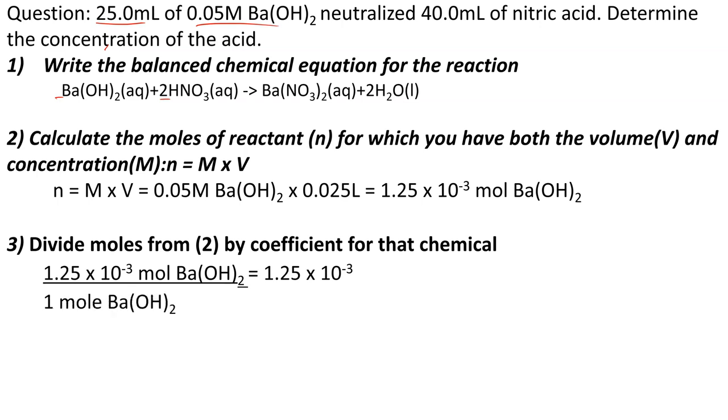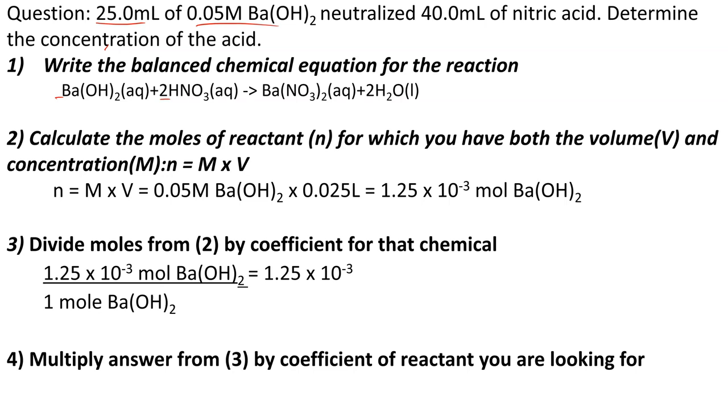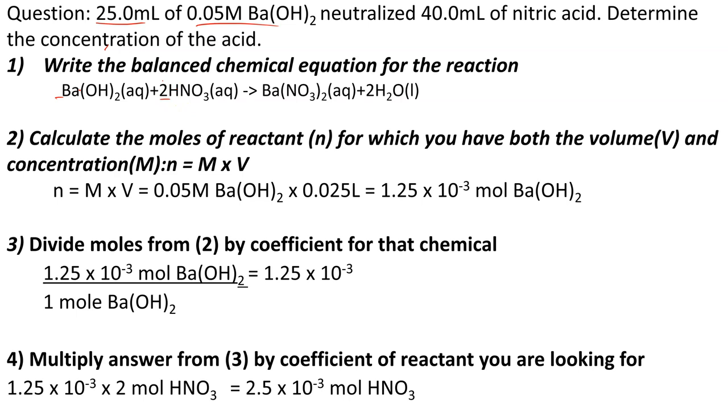You get just a number. And then step 4, multiply whatever you got in step 3 by the coefficient of what you're looking for. I'm looking for HNO3, right? You're always going between one chemical and another. So here you multiply by 2, and you get 2.5 times 10 to the negative 3 moles of HNO3. So now you have moles of HNO3. The difference here was there wasn't a 1-to-1 ratio, so it was a little bit more difficult because you had to actually multiply by something in step 4.